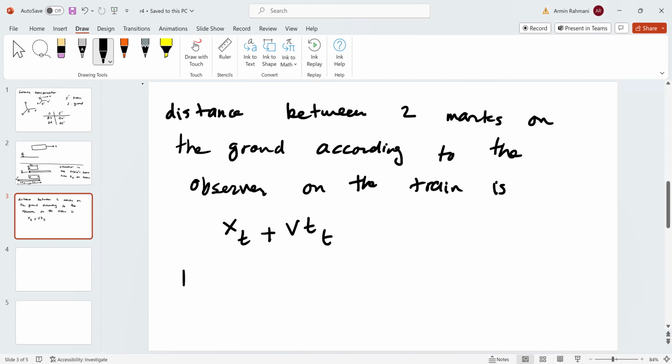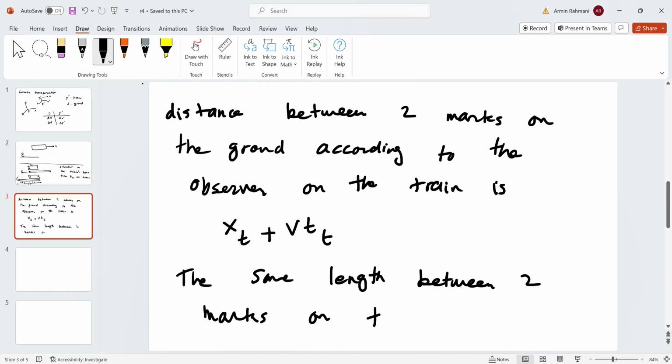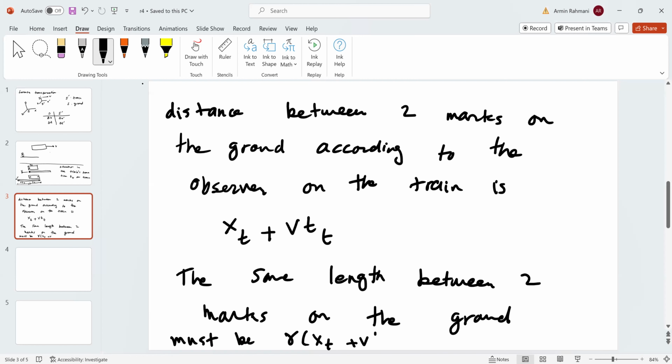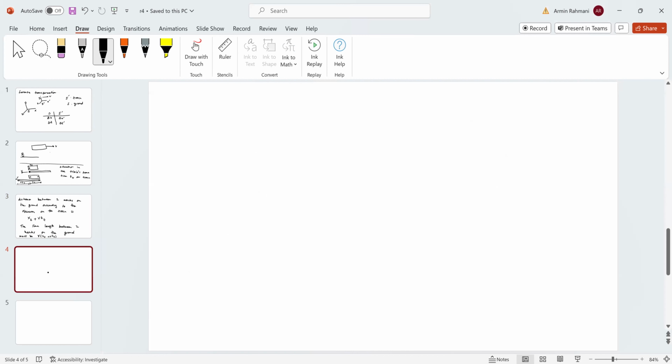Therefore, the same length between two marks on the ground must be gamma times xt plus vtt, because then Lorentz contraction says if that's the proper length, the length the observer on the train measures is that thing divided by gamma, which gives me xt plus vtt. So that's going to be like the distance on the ground according to an observer on the ground.